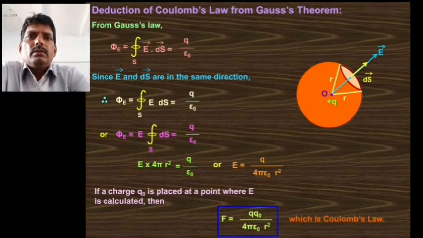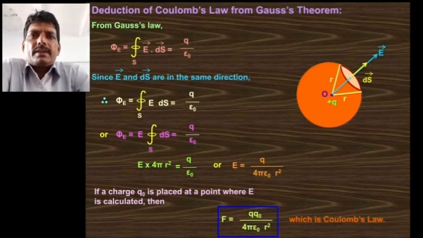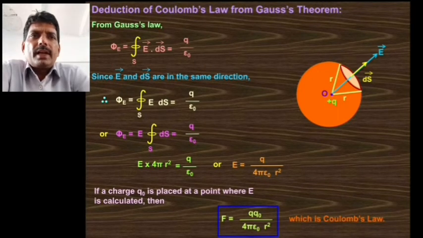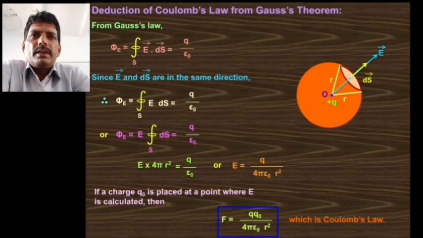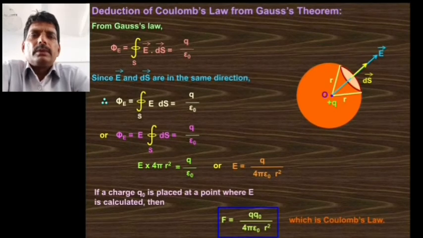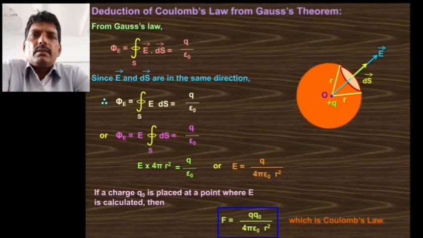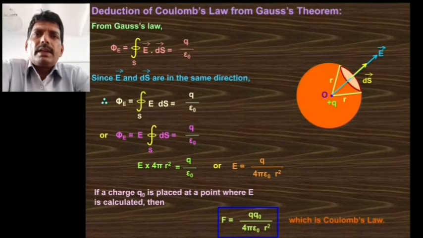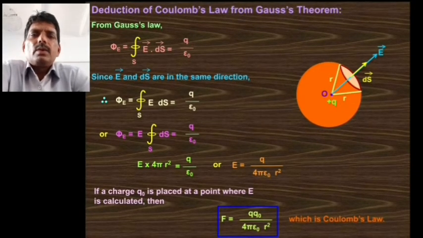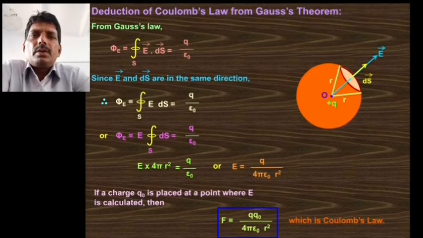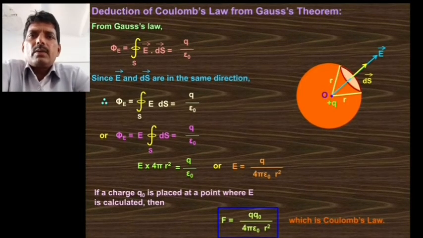Now since E and ds are in the same direction, the angle between them is 0. So I can write phi suffix e is equal to the closed surface integral of E ds, which is equal to q upon epsilon naught. Why is E taken outside the integral?